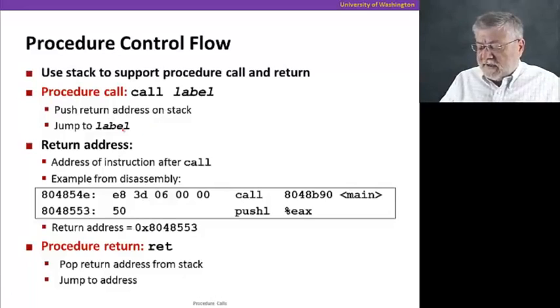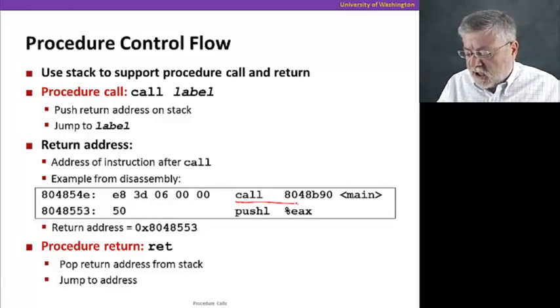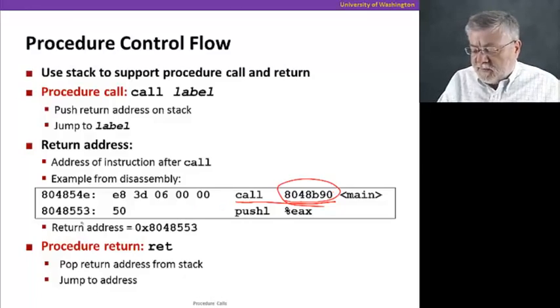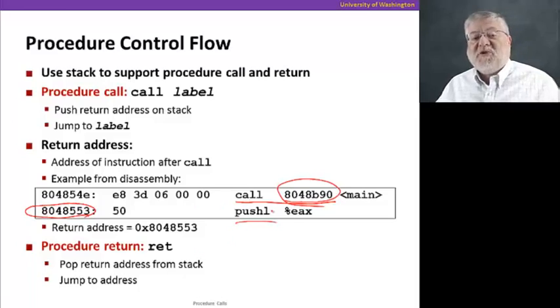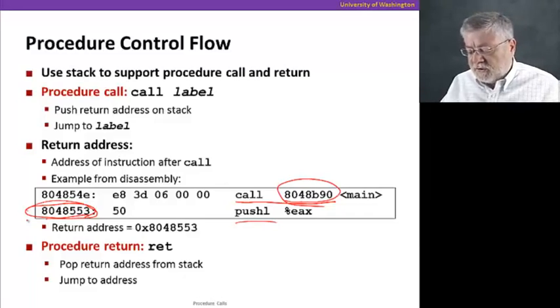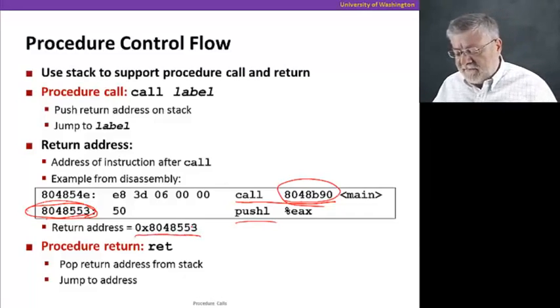So let's take a look at a little fragment of code here. Here's a call instruction that is going to go to this particular address to execute the next instruction in a different procedure. So the address immediately after it is going to be this address of the very next instruction that happens to be a push instruction. But that's totally coincidental. That could be any instruction. The important thing is that this is the address that we want to return to, so our return address will be that value.